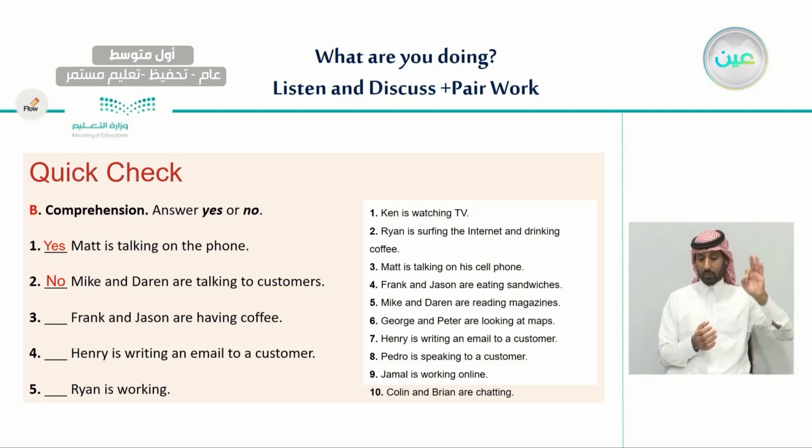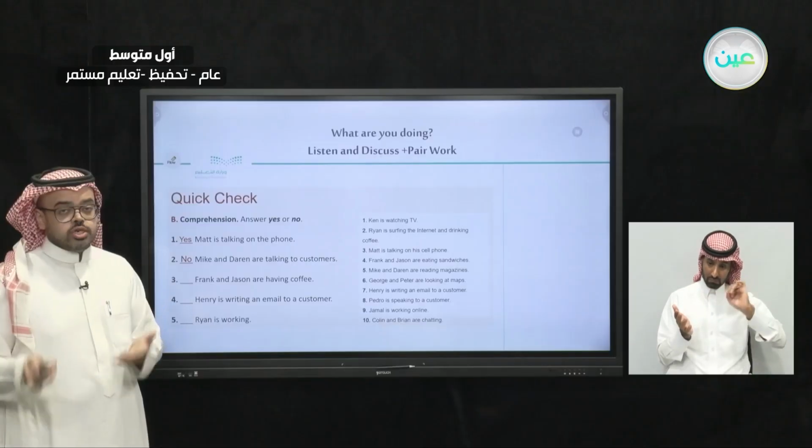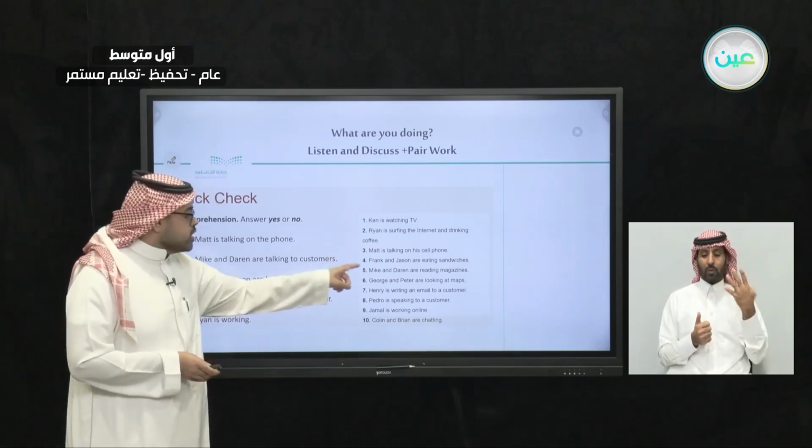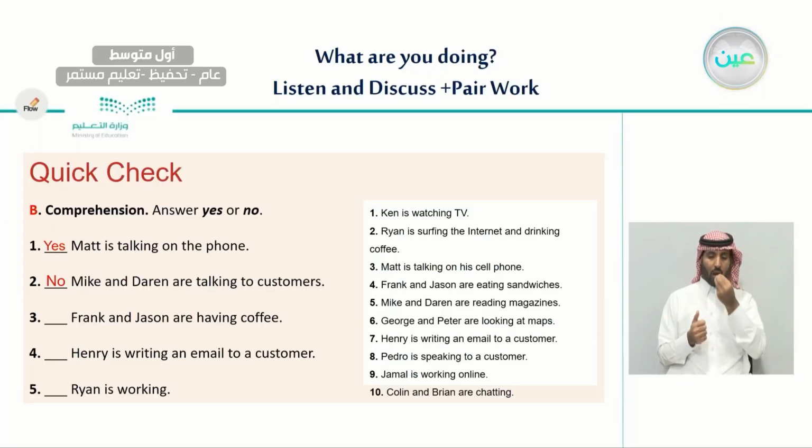Number 3. Frank and Jason are having coffee. Let's read here and find out what Frank and Jason are doing. It says on number 4, Frank and Jason are eating sandwiches. So they are not having coffee, they are eating sandwiches.